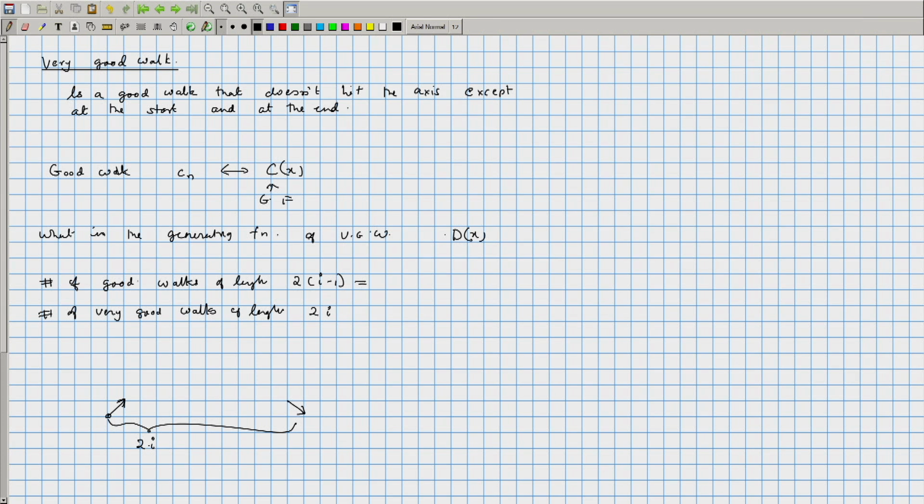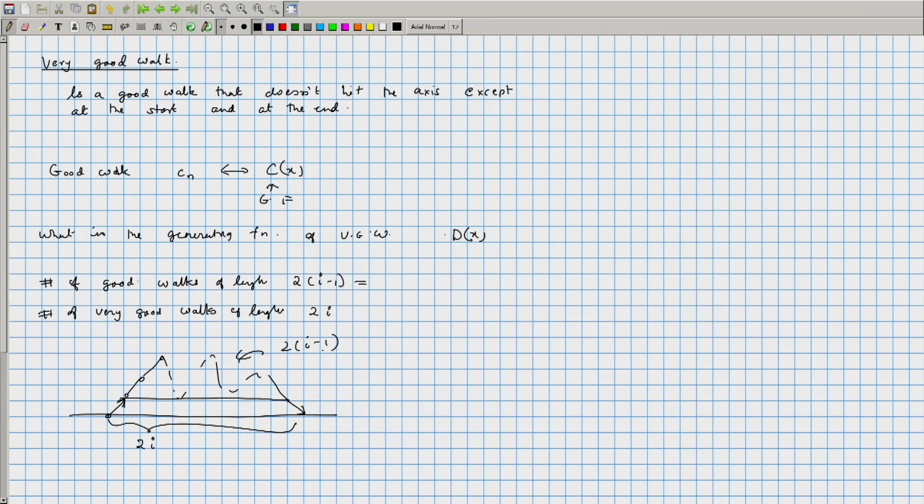The very good walk has the additional property that it never touches the x axis anywhere in between. So, let us take a very good walk and strip it off the first and the last moves. What you will get is some walk of length 2 times i minus 1.